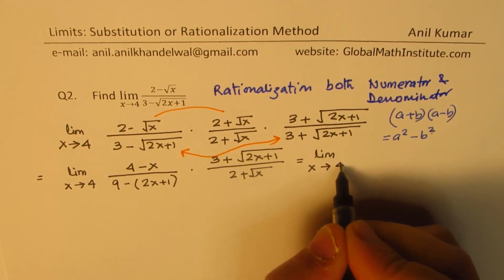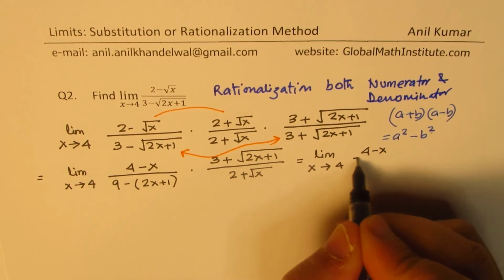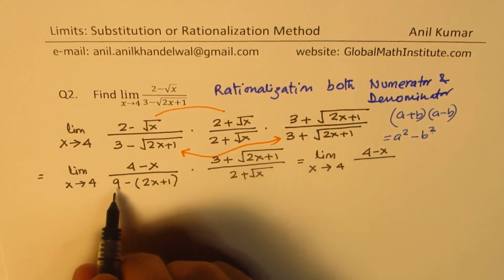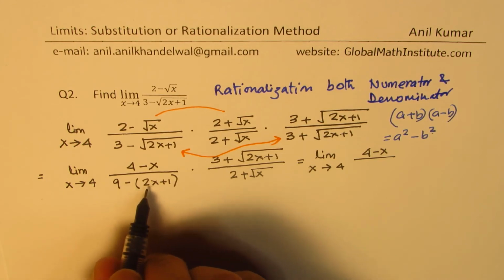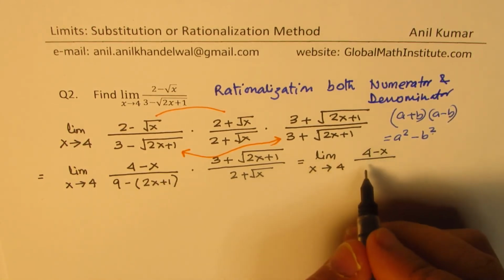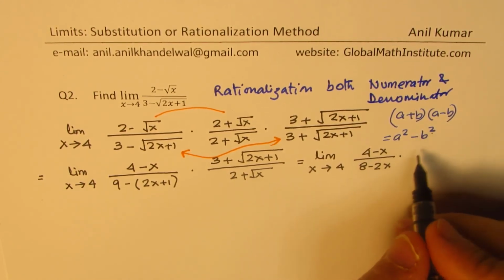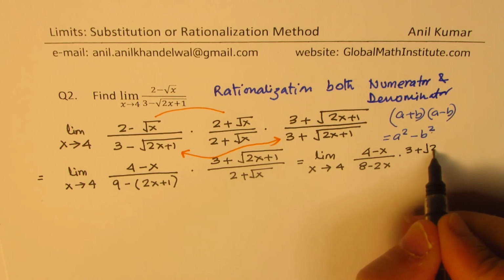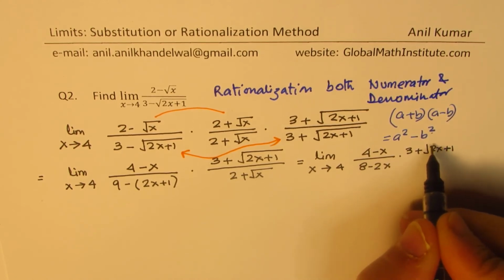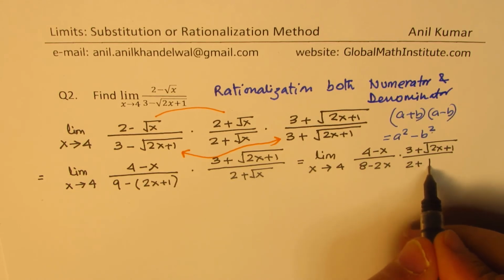what is the common term. So we have 4 minus x over 9 minus 2x minus 1, which gives us 8 minus 2x. And the numerator here is 3 plus square root of 2x plus 1 over 2 plus square root of x.